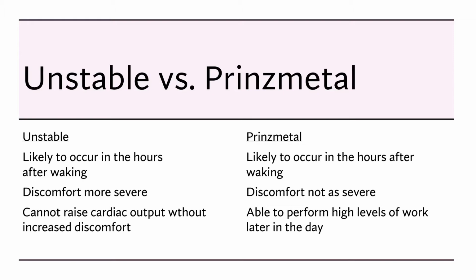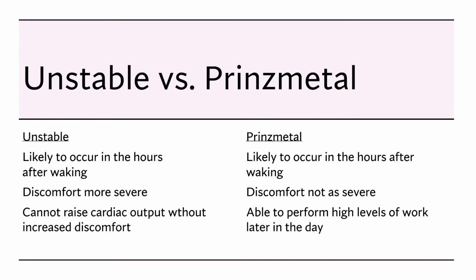There's another type of angina called Prinzmetal, which is a spasm, just like we mentioned a few slides ago about a dynamic occlusion. But there are some differences. Both conditions are likely to occur in the hours after waking. This is just due to the chemistry of our blood, high cortisol levels, high inflammatory markers.